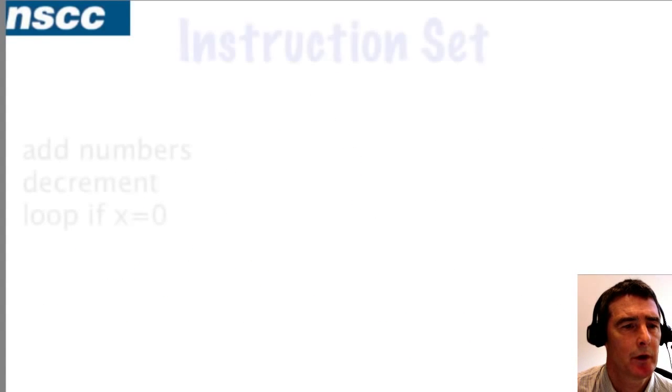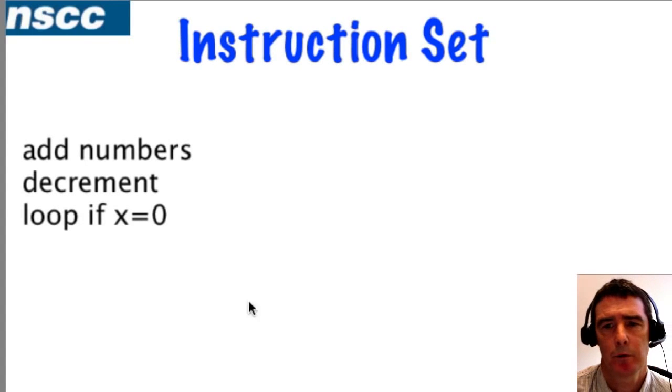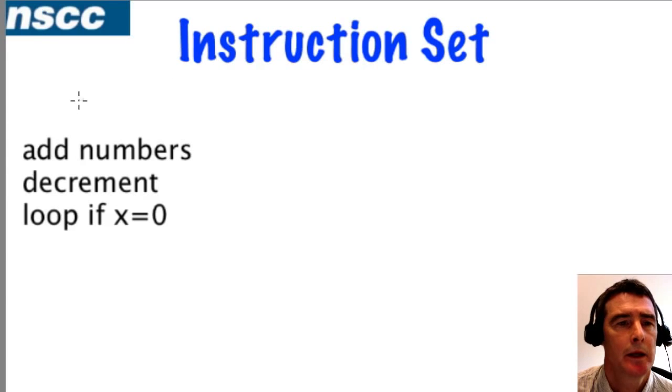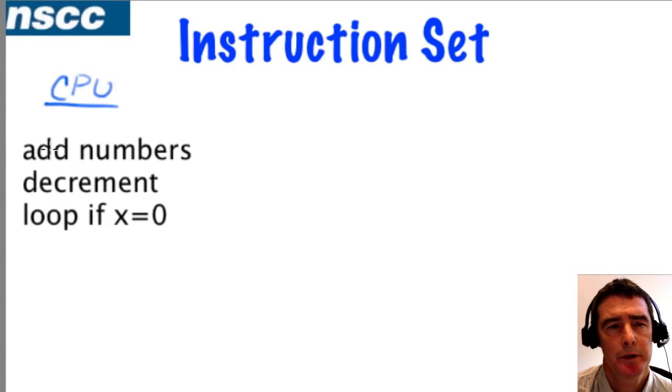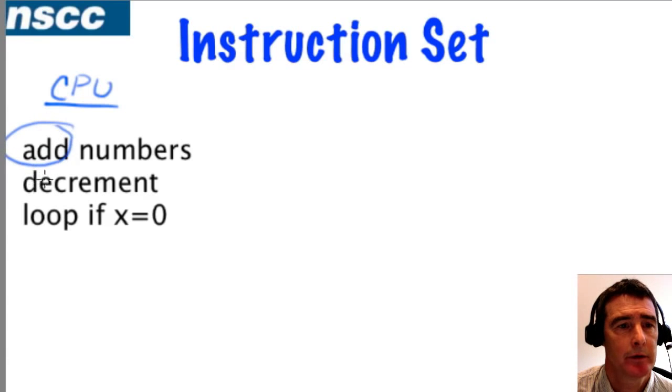We're going to next talk about the instruction set. What is meant by an instruction set? Inside every CPU there are a bunch of instructions. You can think of this as the vocabulary of what the CPU can do. So it can add, it can decrement, which means subtract 1 from a number.